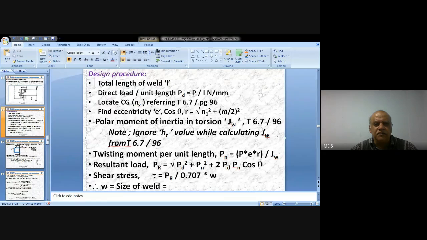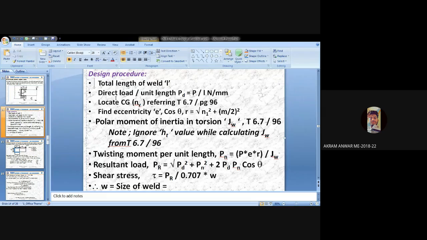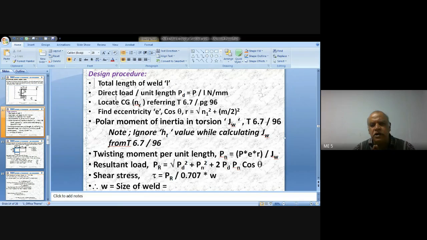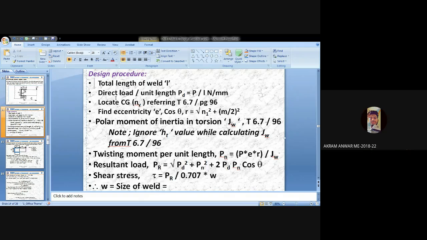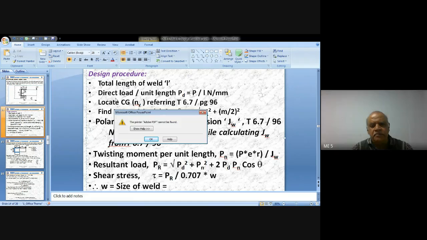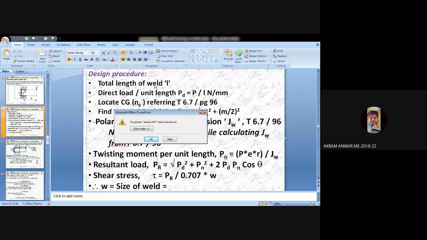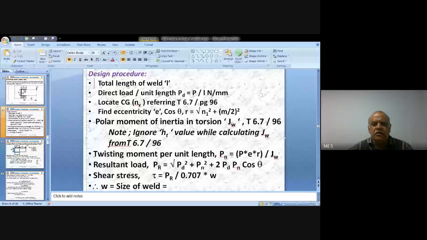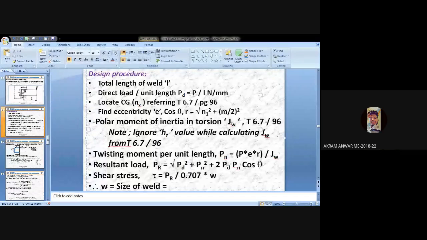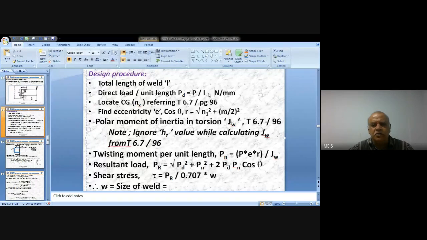Total length of weld L. Next, direct load per unit length PD is equal to P by L, per millimeter is the unit.